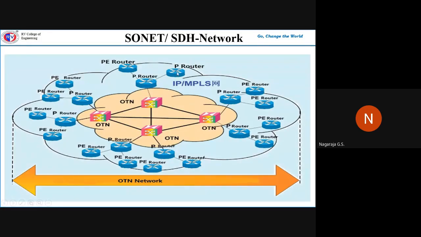So the functionality of this P router is to ensure how the services are going to be provided to the user by doing the necessary configurations during the network operations.